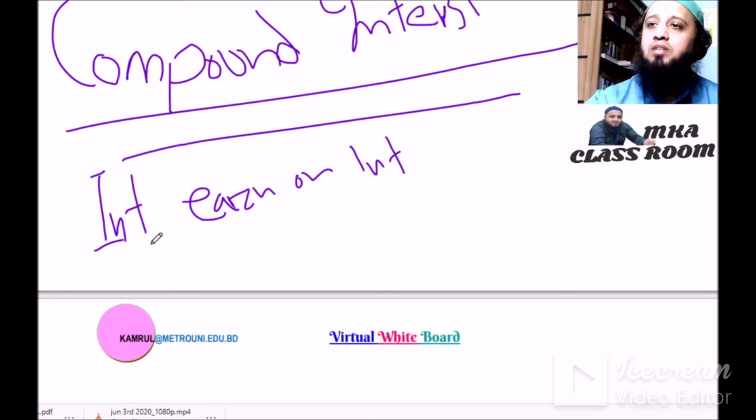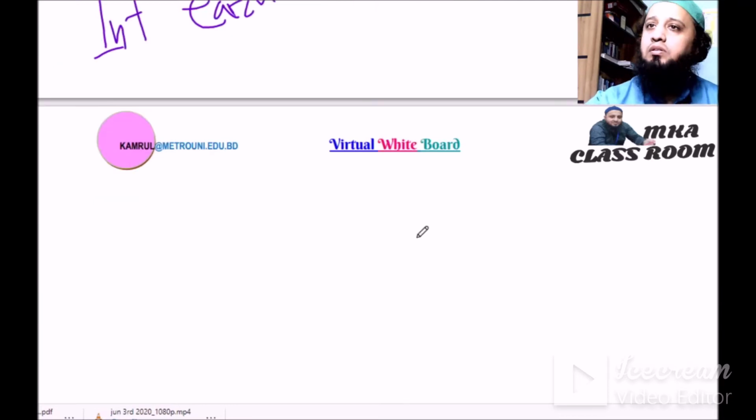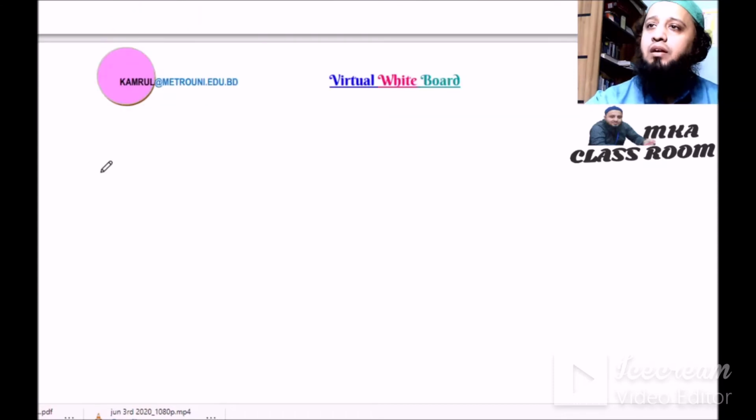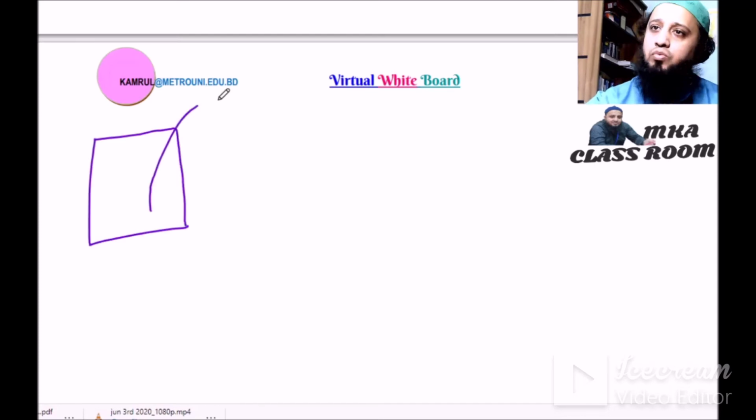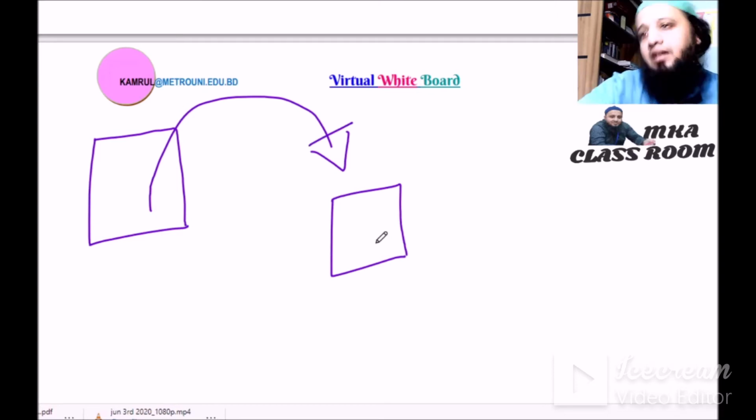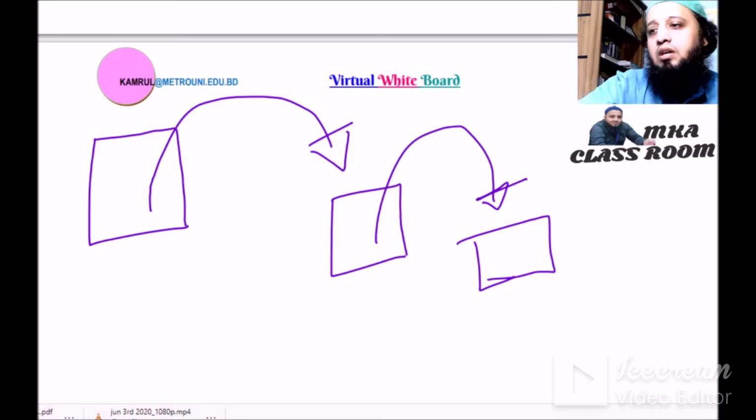In the process of compounding we have earned interest. This interest will be reinvested again for earning more interest. That is called compound interest.